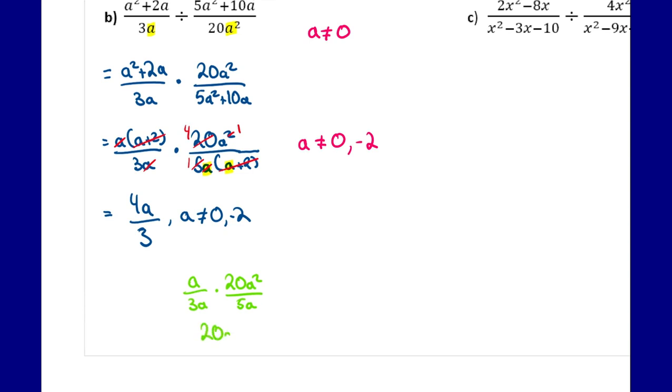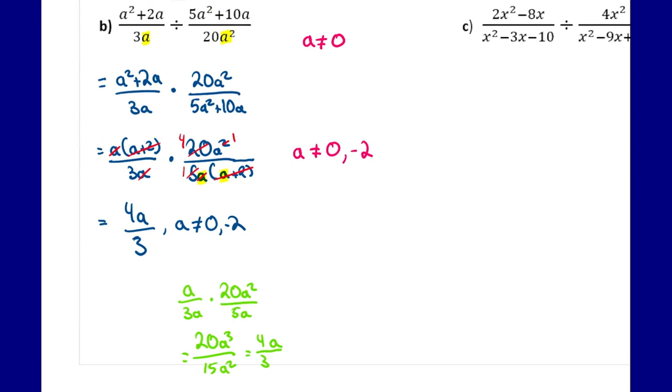So you have 20a cubed over 15a squared. Your power laws state then that this has to simplify to 4a over 3. So if you don't like canceling out the individual factors, other than obviously the big ones, feel free to multiply. If there's nothing else you can factor, multiply, and then use your power laws to simplify. But again, that's just a quick in-between.